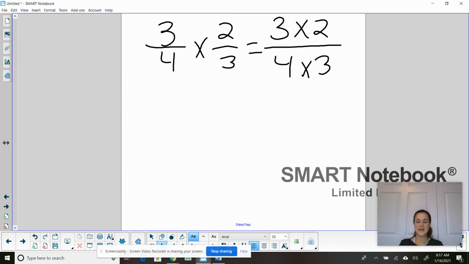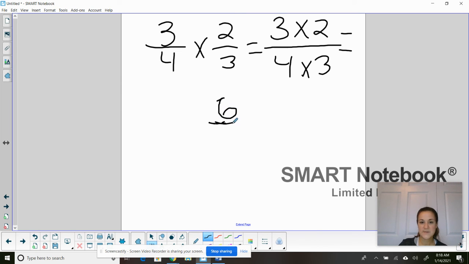Go ahead and take a second to see if you can solve that. Okay, let's see what you came up with. 3 times 2, now we multiply. 3 times 2 is 6. 4 times 3 is 12.